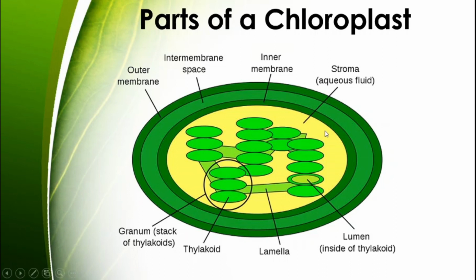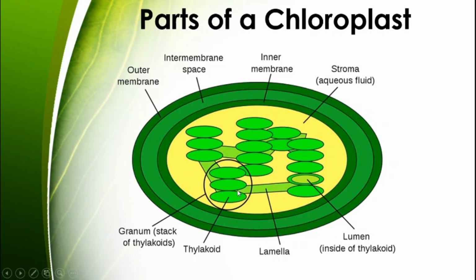Aside from the stroma, we have some structures inside the chloroplast also. We have the thylakoid, this one, the oblong one. If you stack the thylakoids, we refer to this stack as the granum. Inside the thylakoid, we have what we call the lumen. And we have the lamella that connects and separates the grana.